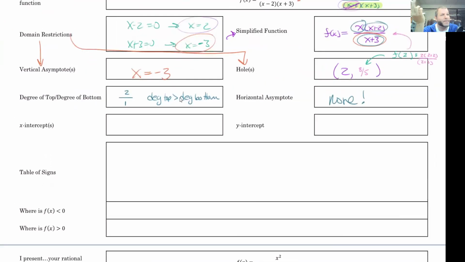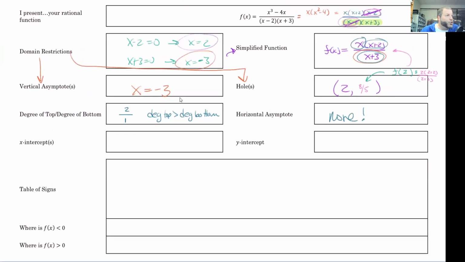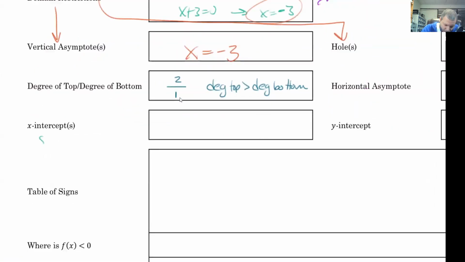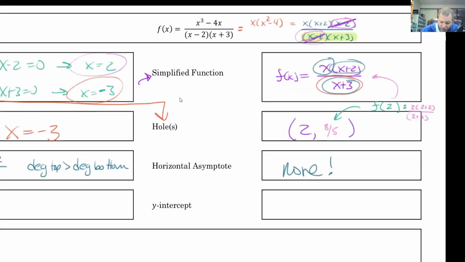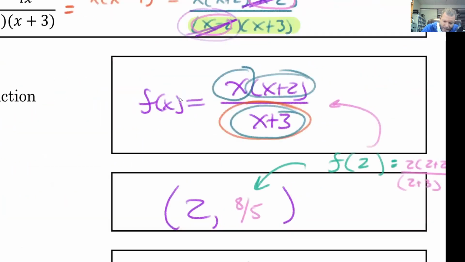In terms of x-intercepts, they occur whenever the numerator is equal to 0. So set the top equal to 0 in the simplified version of the function. We're going to set x times x plus 2 equal to 0.